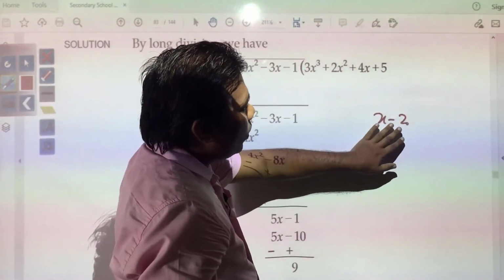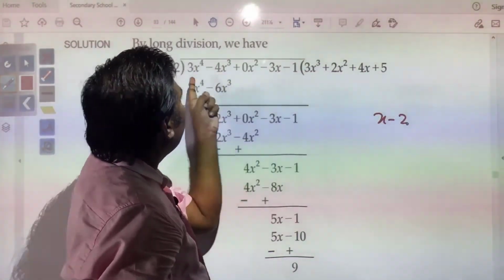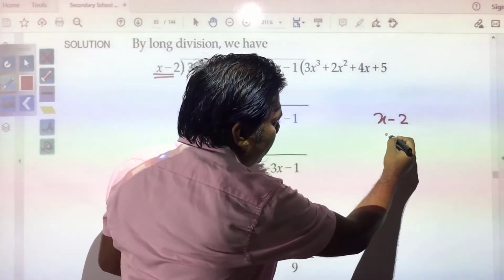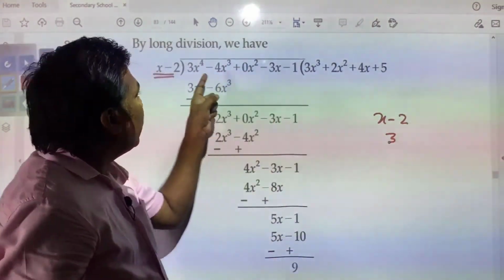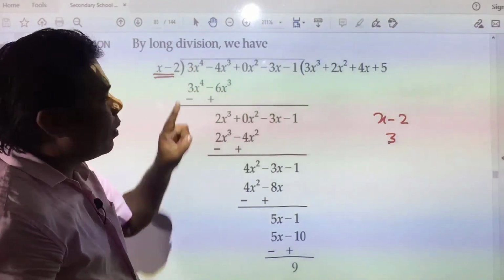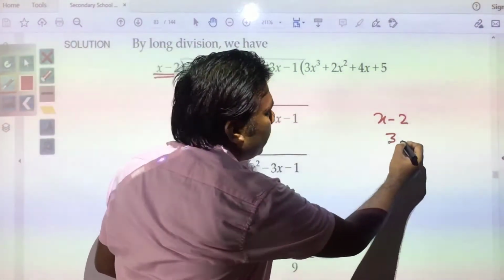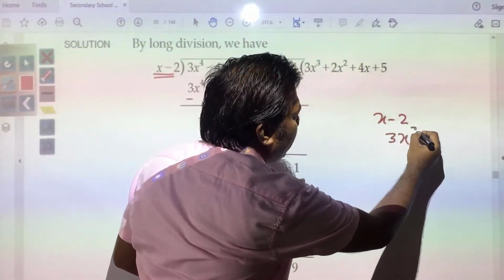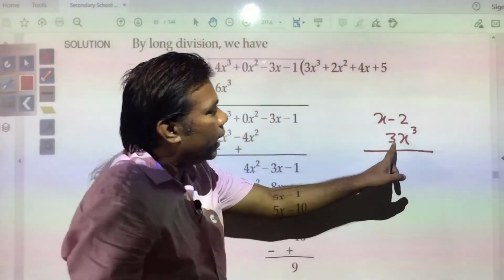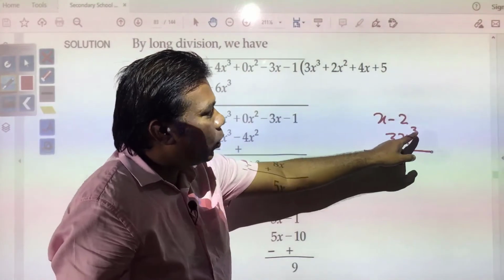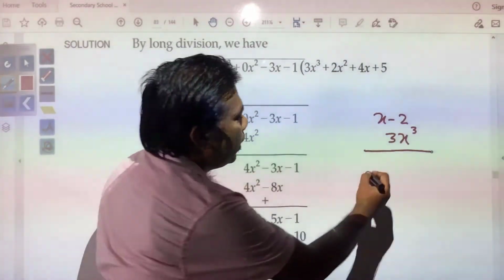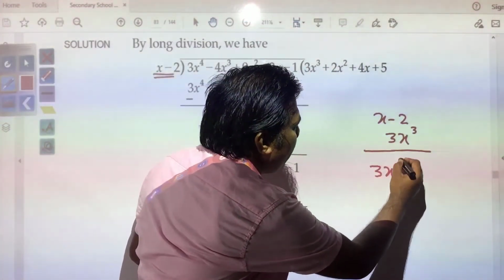If you want to get 3, we need to multiply by 3, so that you get 3 into x, 3x, but you need to get x to the power 4. So what do we need to multiply? x to the power 3, so that x cube into 3x will be 3x to the power 4.